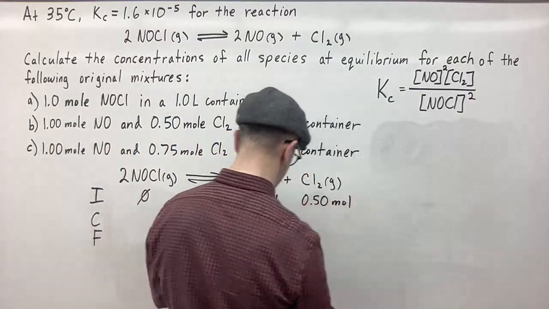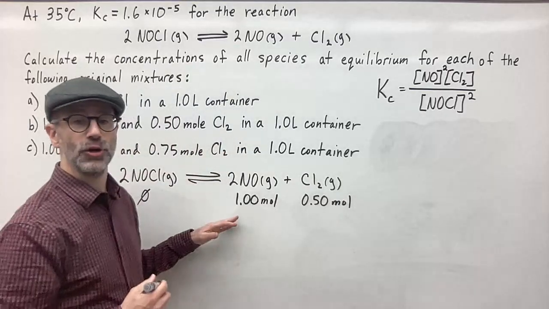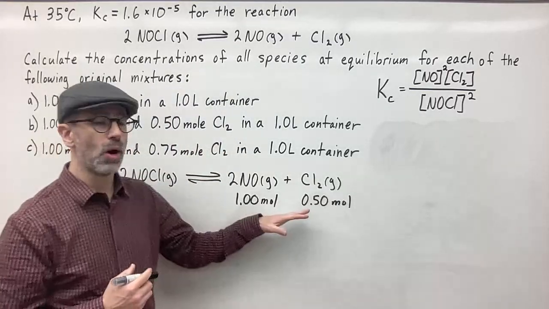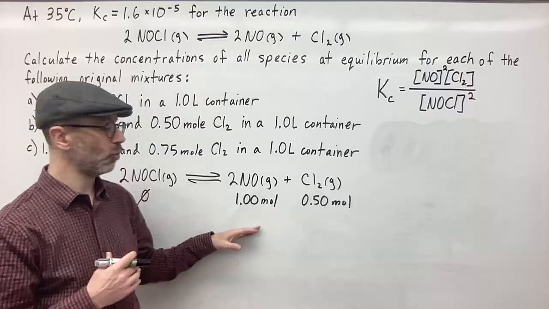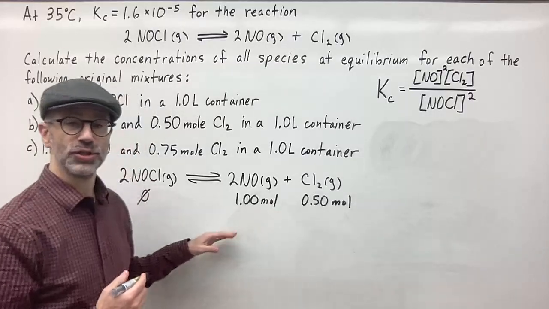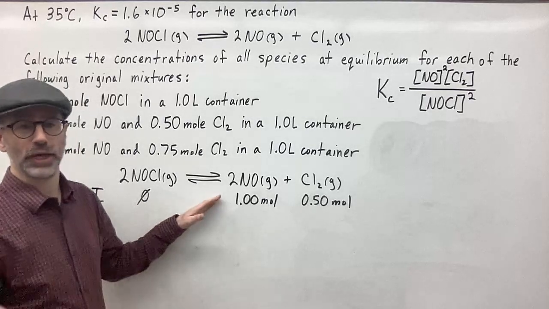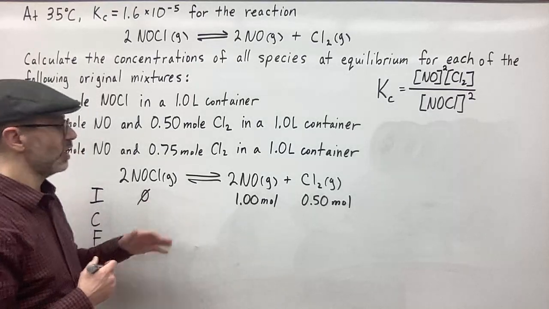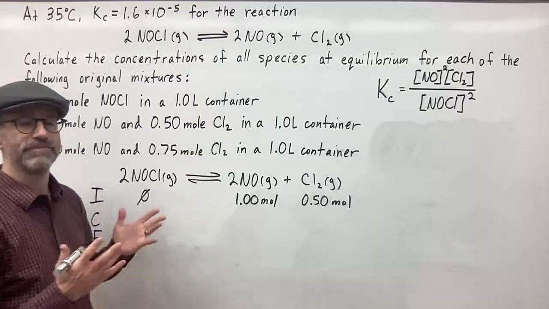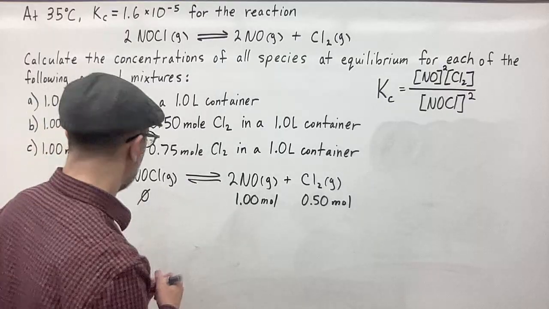Typically, if they're not the same, you want to convert your molarities to moles when you're doing your stoichiometry table. But they gave us moles anyway, and the numbers are the same because the volume is 1.0 liters, so it works out simply.